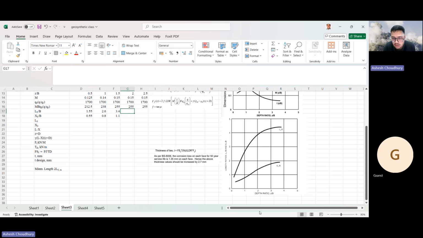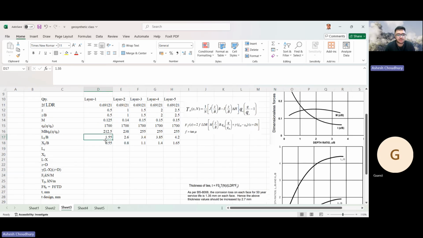For 2, I have close to 4, so 3.85 approximately, and X naught by B near 1.5, so 1.4. Then for 2.5, approximately 4.2, and here approximately 1.65.